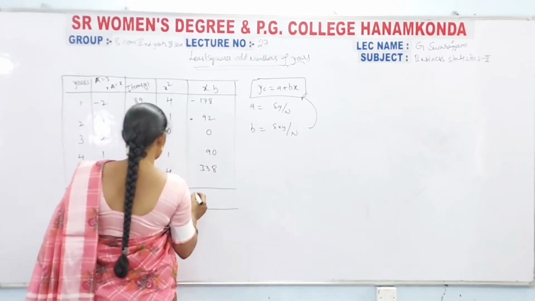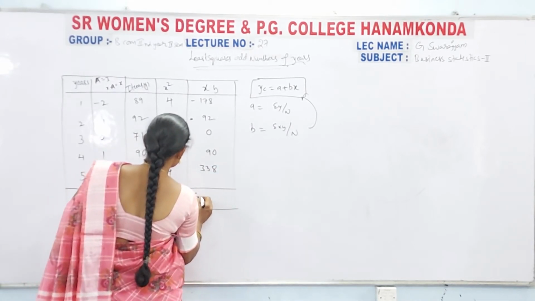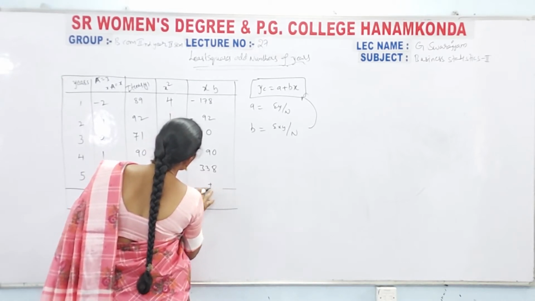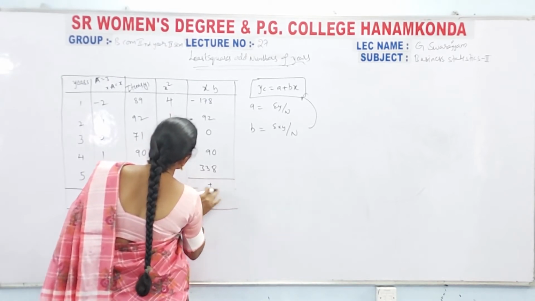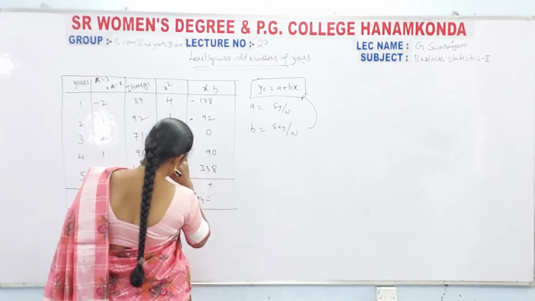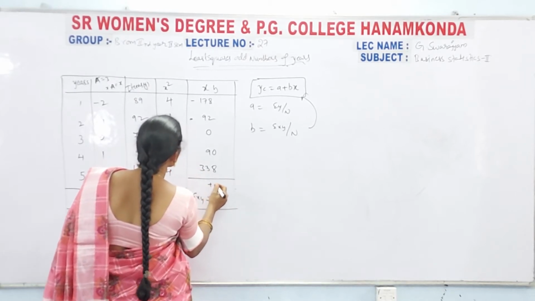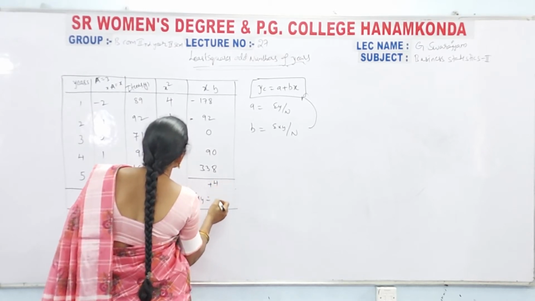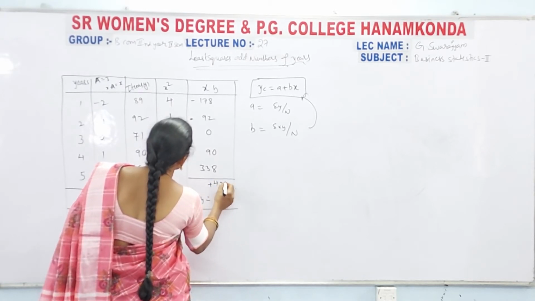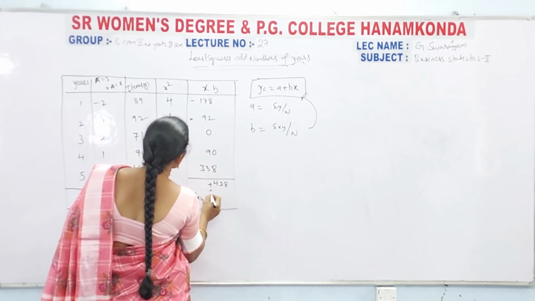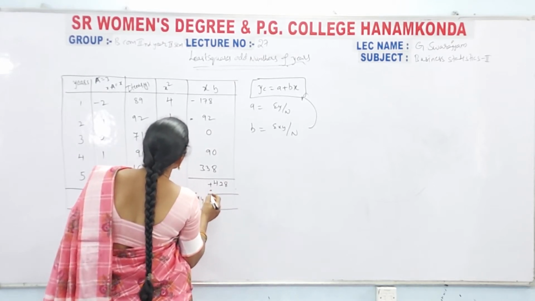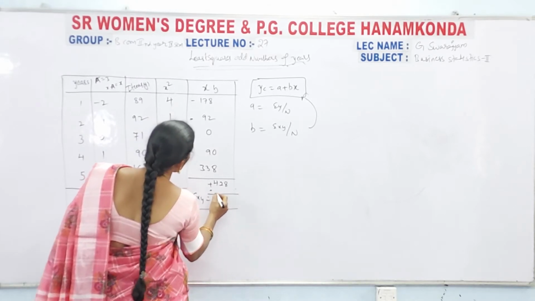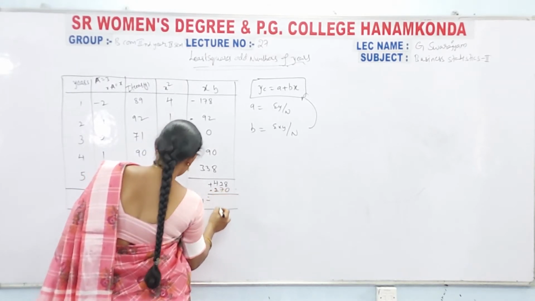Total sigma xy is equal to positive 338, 90, 428. Minus values: 178, 92, 270.